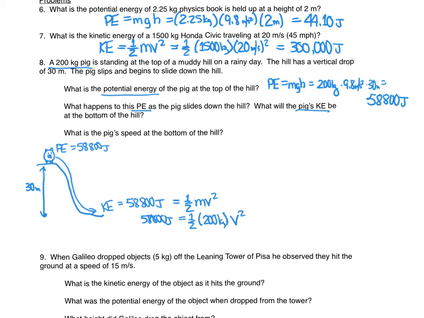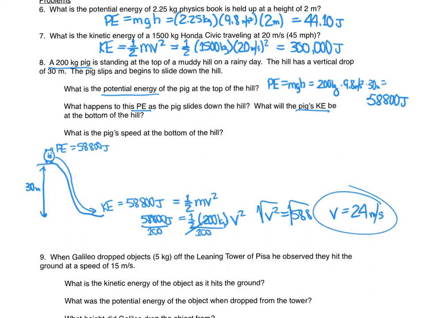We have to solve for v. 1/2 of 200 is 100, so divide both sides by 100. I'm going to get 588, so v squared will be 588. The square root of 588 is, drum roll please, about 24 meters per second, which in miles per hour is about 53. So not caught speeding this time, pig, under the 55 miles per hour limit.